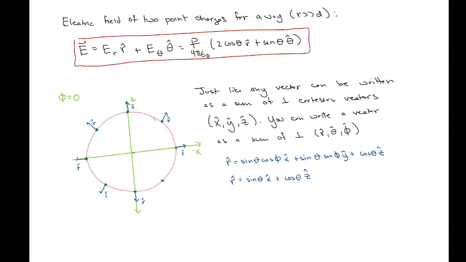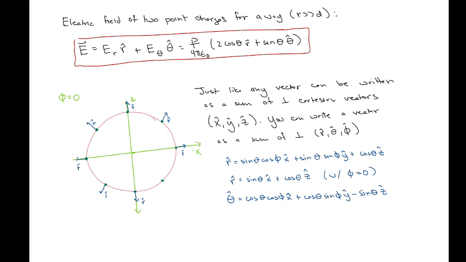If I look in the back of the book, I can also find the unit vector formula for theta hat. Theta hat would be cosine of theta times cosine of phi x hat, plus cosine of theta sine of phi y hat, minus the sine of theta z hat.